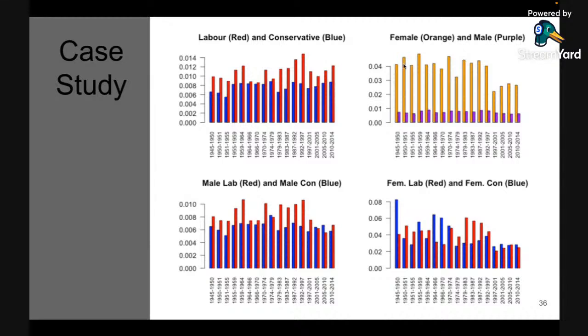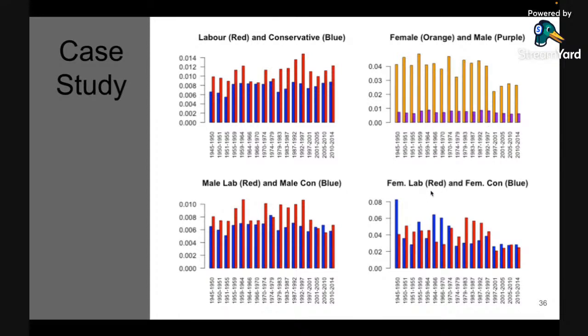We can see that women MPs tend to talk way more about women's issues. However, this changes after 97. The strong association between gender and topic of the speech gets less after 97.